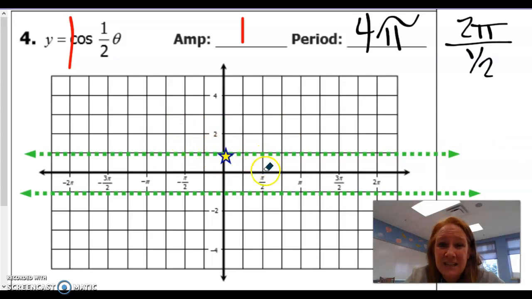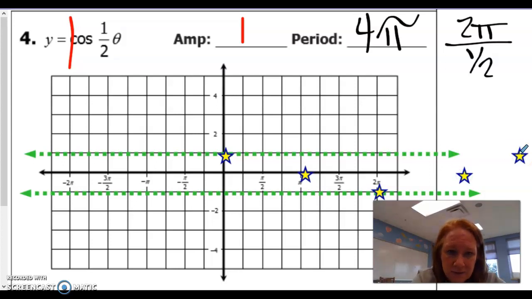So it's actually like I have to go double wide. All right, so it's going to get back to 0 at pi, and it actually is only halfway through the curve at 2 pi. So then I would be way out here.